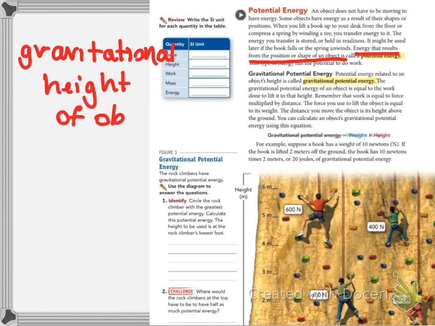So the higher up an object is, the greater its potential energy is. If we look at this picture, the man in the red shirt, if we just look at height, has a greater potential energy than this person in the yellow shirt because they are at a lower height. So that is gravitational potential energy. It is due to the height of the object.